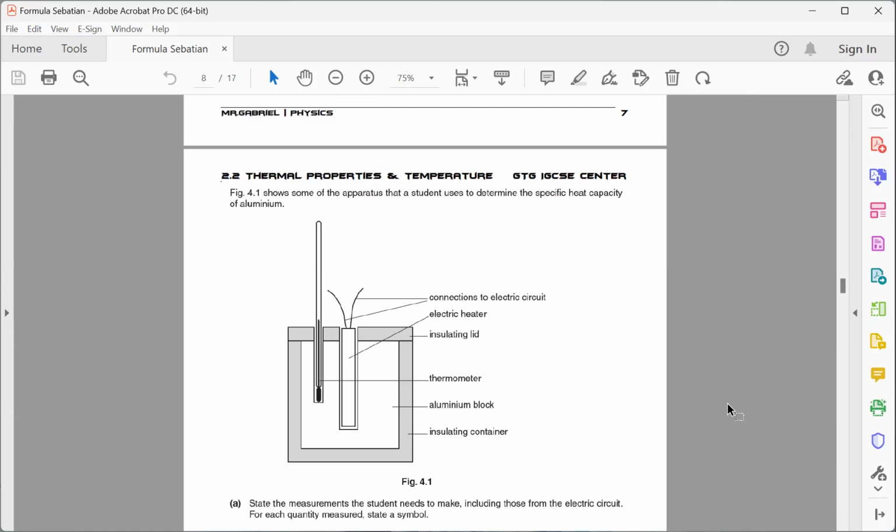Yeah, very good. Then you simplify it. Let me just see. State the measurements the students need to make, including those attributed.